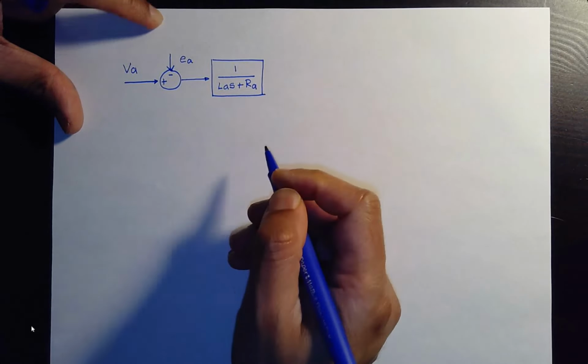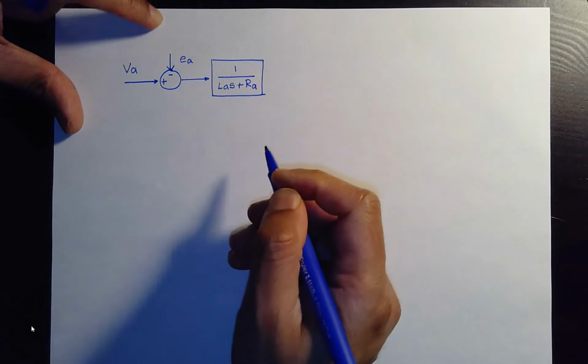Then we know that armature current goes through KT. Armature current becomes torque when it goes through KT, right? So IA times KT, now you have electromagnetic torque, TE. That's when we think about the mechanical equation. See, there's TE now in conjunction with TL and inertia and damping, which gives us speed.